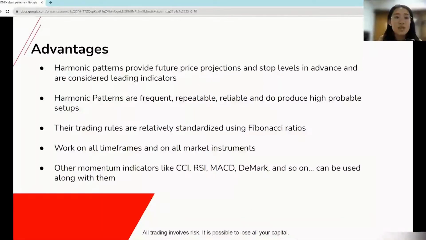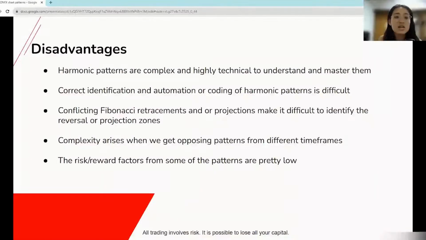So, and they work on all time frames as well. Okay, some disadvantages are that they are quite complex and technical to understand and master. But like I mentioned earlier, as long as you have the basics or you kind of know what you're looking for, once you master the art of Fibonacci, then you've kind of got it under your belt.